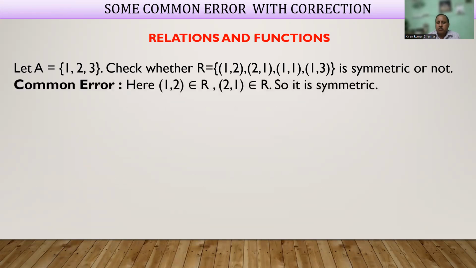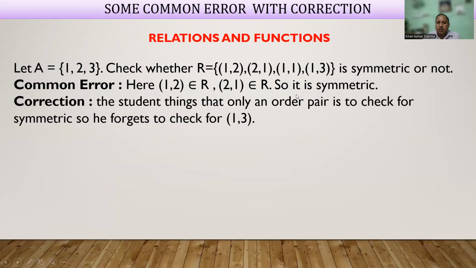Students know the definition of symmetry, that if (a, b) belongs to R implies (b, a) belongs to R. So they see that (1, 2) belongs to R implies (2, 1) belongs to R, so it is symmetric. What is the correction here? They never see that (1, 3) also belongs to R, and they forget to check this.